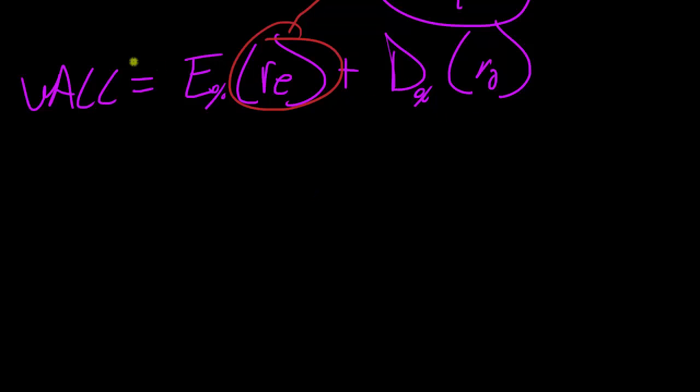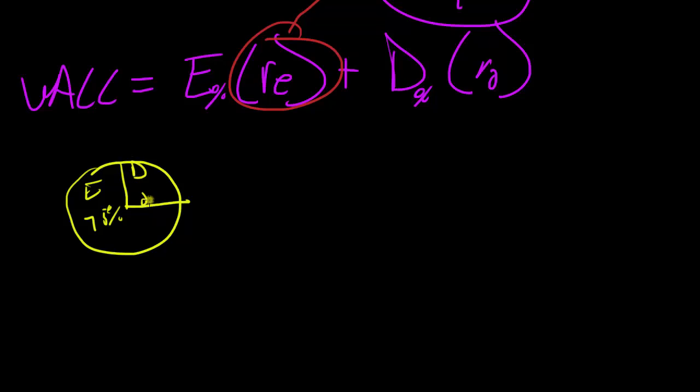So let's run through a problem real quick. Let's pretend that we have a capital structure of 75% equity and 25% debt.